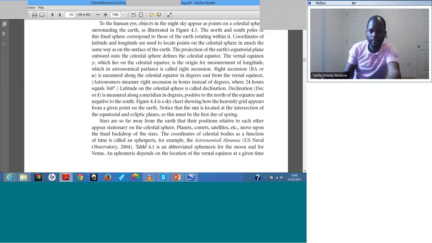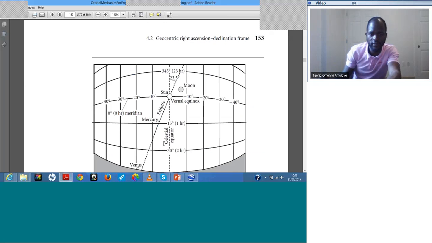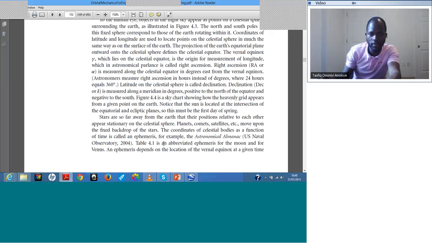So ephemeris means the coordinates of celestial bodies as a function of time. Table 4.1 gives the ephemeris, that is, the coordinates of the celestial bodies Venus and the Moon as a function of time.